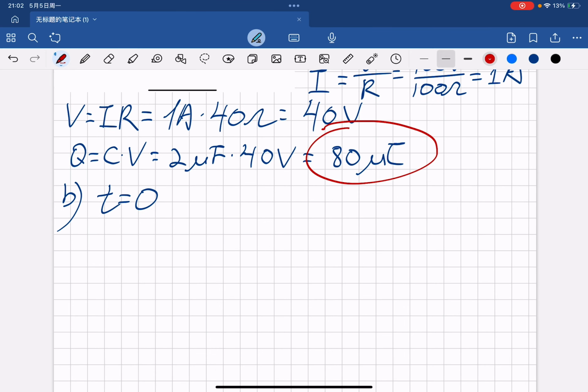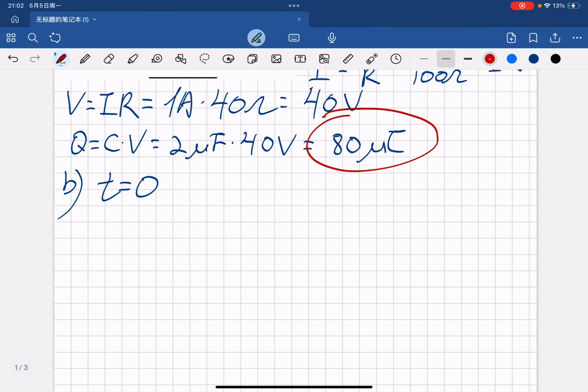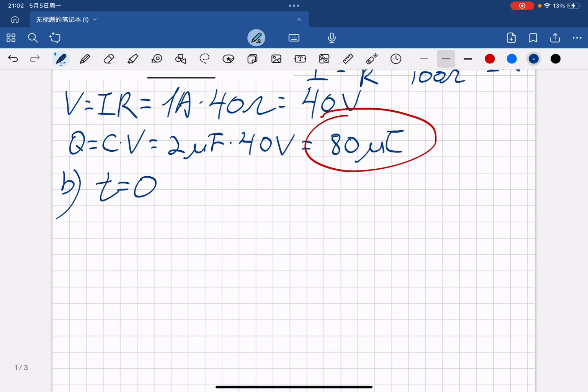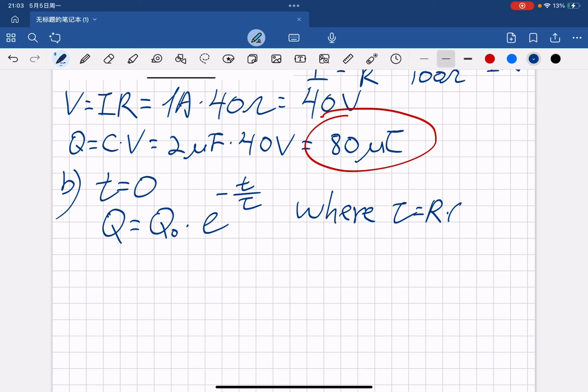So we are asked, how long does it take for the charge to decrease to 10% of its original value? We start from the discharge equation. Q is equal to Q0 times e to the power of minus t divided by tau, where tau is equal to R times C. We can rewrite it as minus t divided by RC.